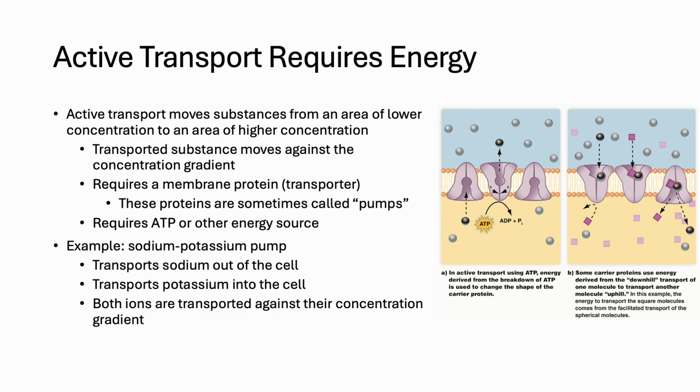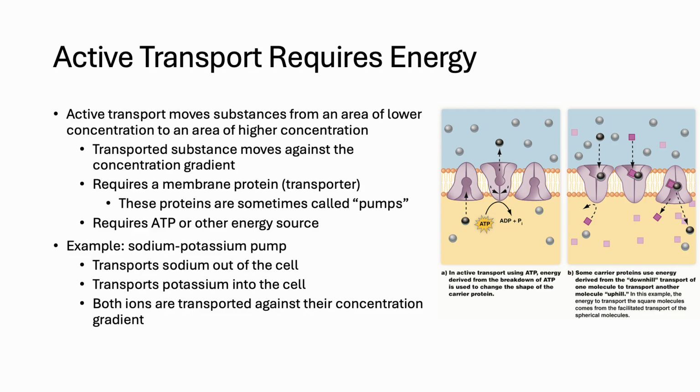Active transport is the opposite of passive because it moves substances against their concentration gradient, from areas of low concentration to high concentration. This requires energy, usually in the form of ATP, and specialized membrane proteins, often referred to as pumps. A classic example is the sodium-potassium pump, which maintains ion balance critical for nerve impulse and muscle contraction.